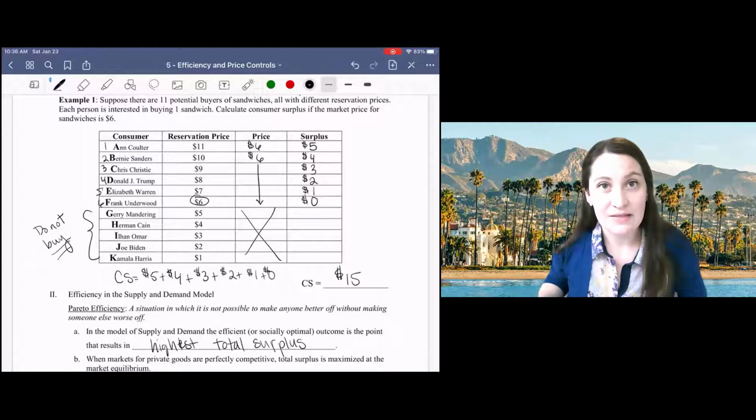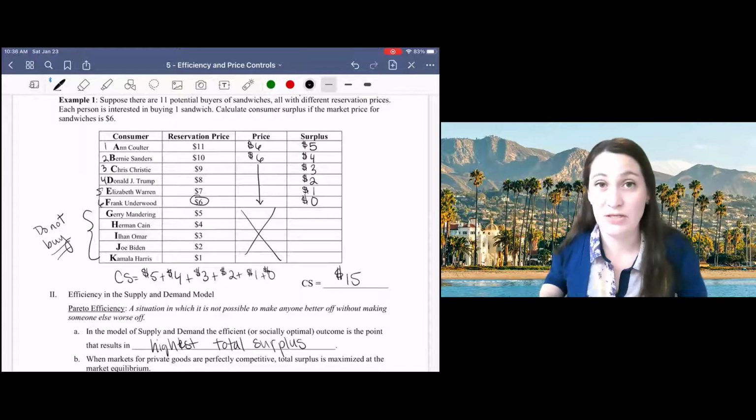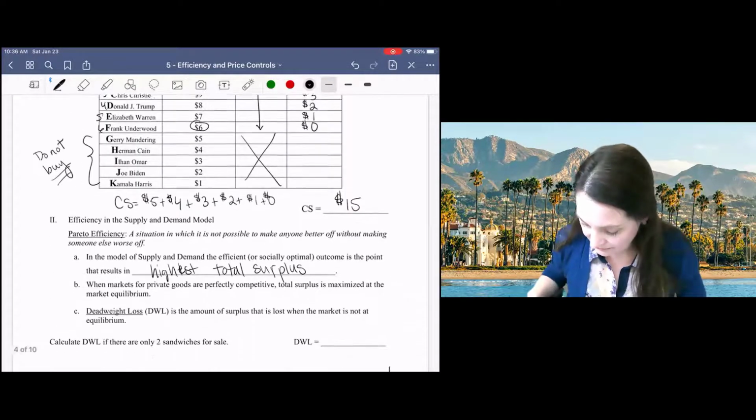Now, what happens if instead only 2 sandwiches are available for sale? If there are only 2 sandwiches for sale, only 2 of these customers will be able to buy sandwiches. We're going to operate under the most generous assumptions and assume that the people who really value those sandwiches the most, Anne and Bernie, are the ones who will be able to buy those 2 sandwiches.